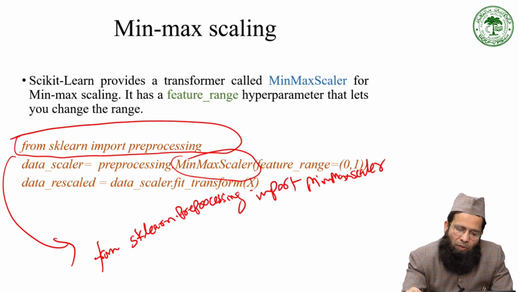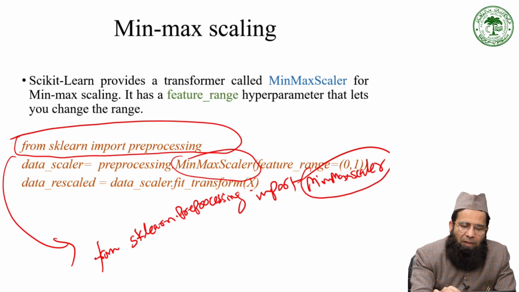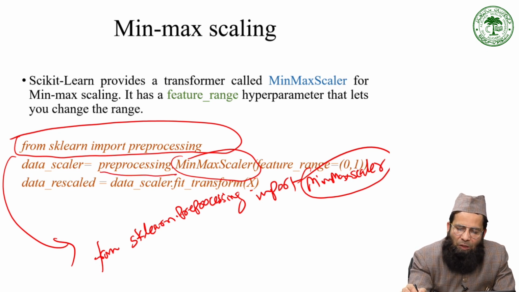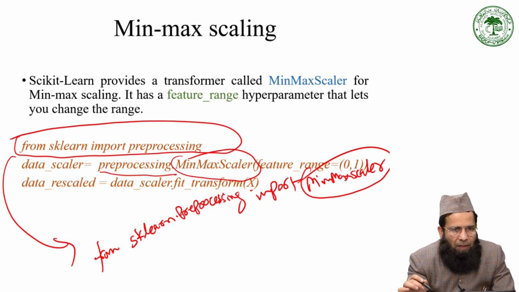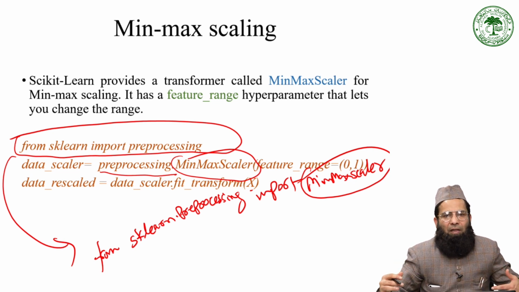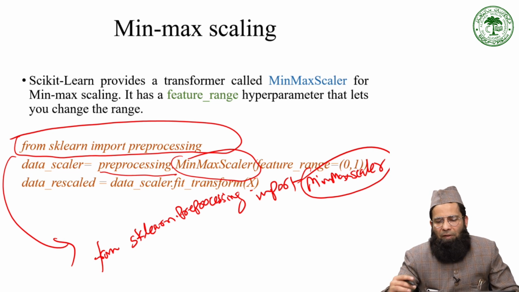And now we can use this module directly. Instead of prefixing with preprocessing, you can directly use MinMaxScaler, right? So, in this way, you can use MinMaxScaler. It would range the whole data between 0 to 1.